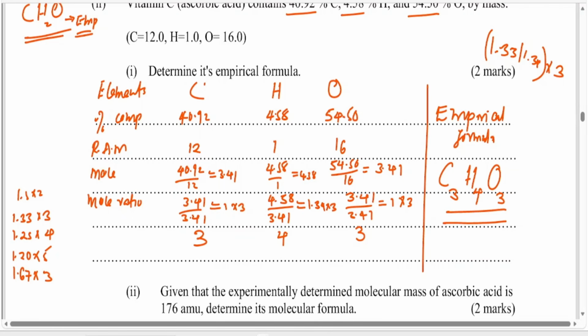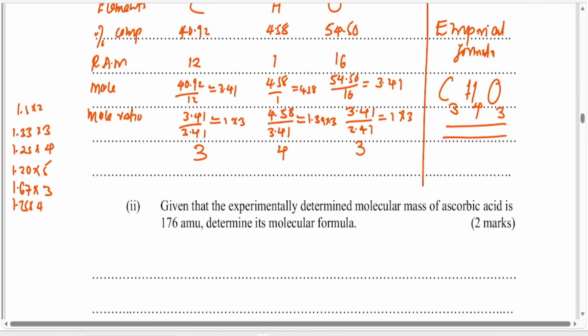When you get 1.75, multiply by 4. When you get 1.1 or 1.9, anything within 0.1 of a whole number, round off.